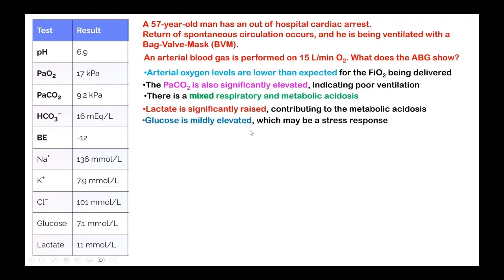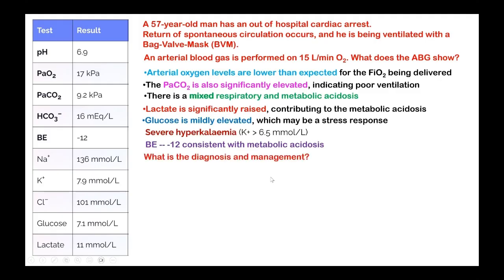Glucose is mildly elevated, which may be a stress response. And severe hyperkalemia. You can see potassium is 7.9 millimoles. And base excess is consistent with metabolic acidosis. So what is the diagnosis and management? Diagnosis is, of course, combined metabolic and respiratory acidosis.